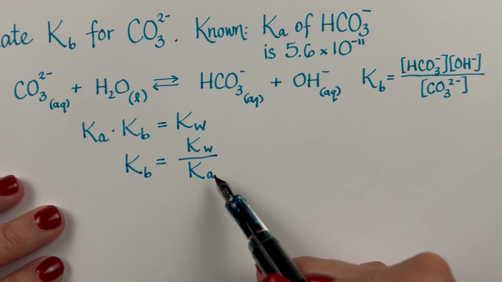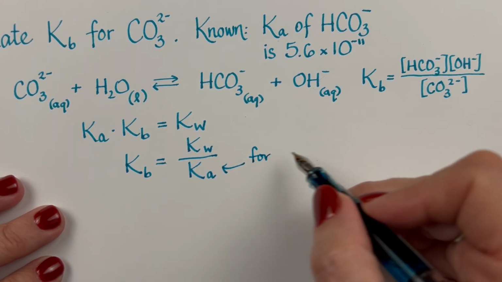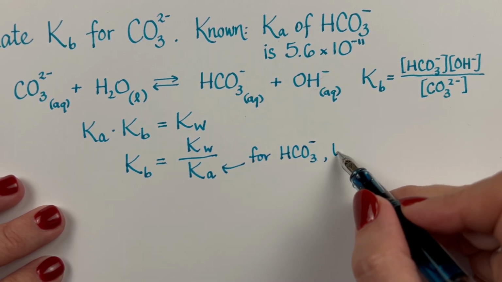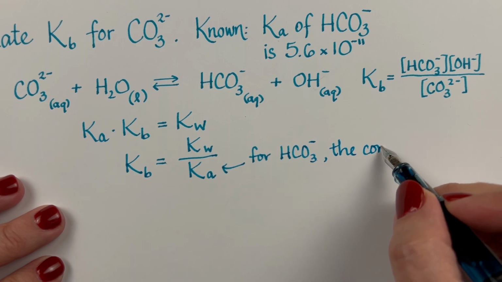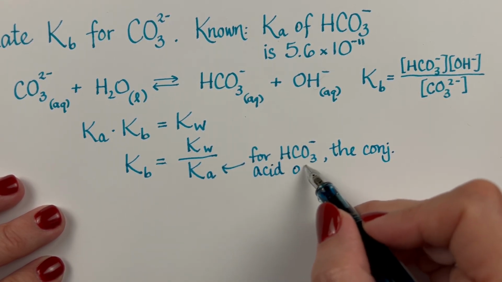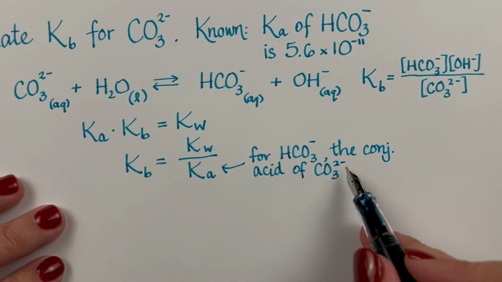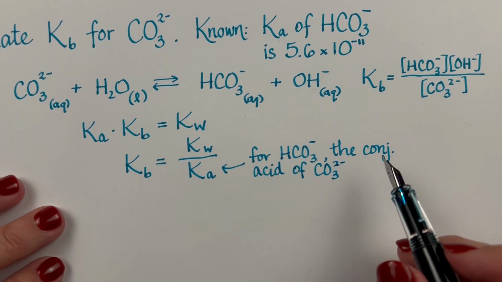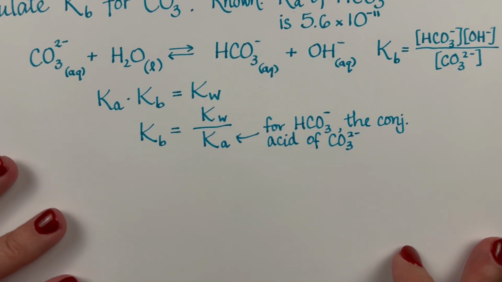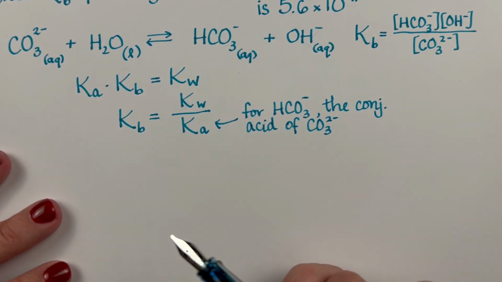And remember, this would be the Ka for HCO3 minus, the conjugate acid of the carbonate ion. Alright, so it looks like we are set to do our calculation and get the final answer.